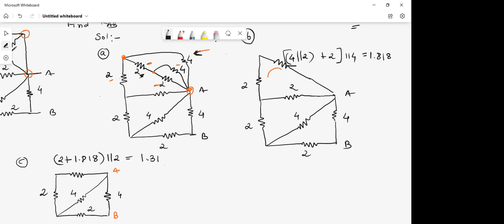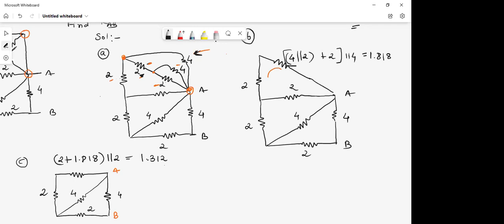Is your calci in fixed mode or no? Yes, sir, it is in fixed mode. So how much are you getting? 1.312 or 3? Are you sure you have taken 1.818?